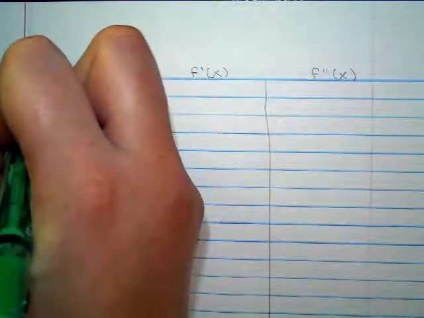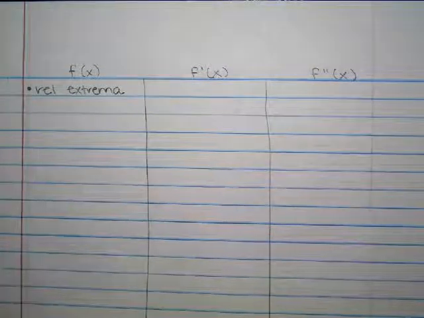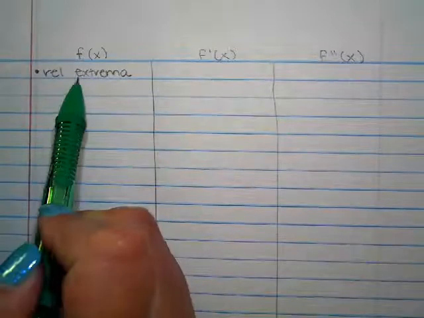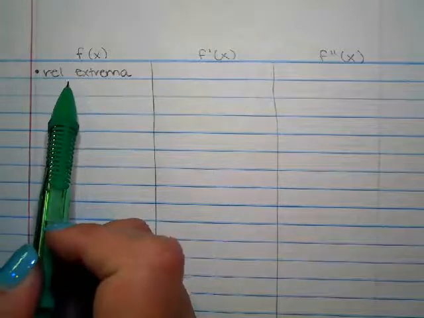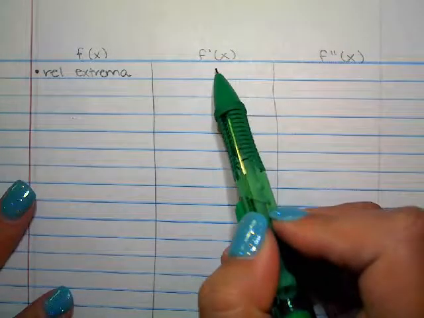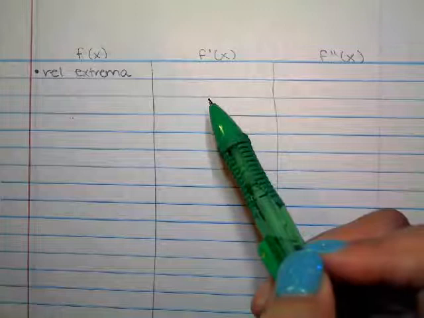When you're looking at the original function and you want to know where the relative extrema are, as I was saying before I was so rudely interrupted, if we are looking for relative extrema on the original graph, then if we had a picture of the derivative, so they didn't give us a picture of the original function, they gave us a graph of the derivative, what would that look like?